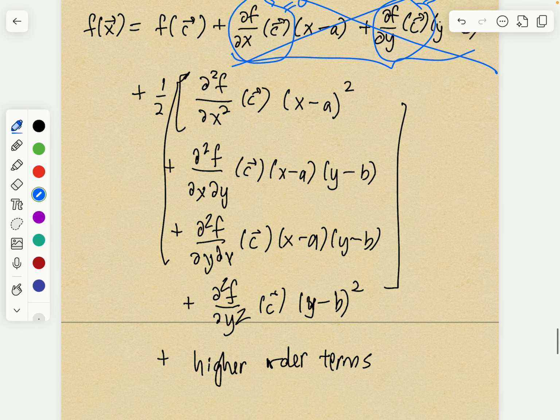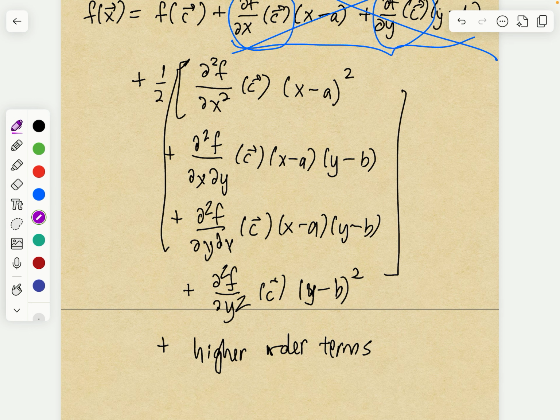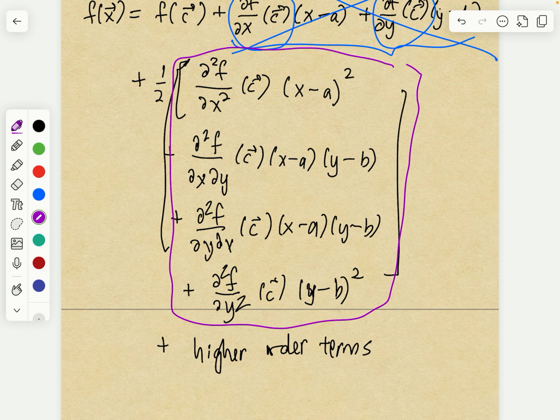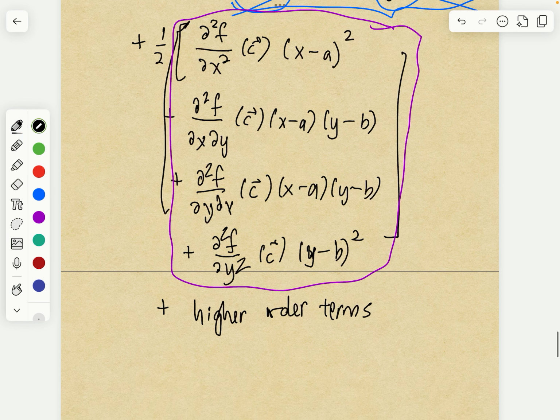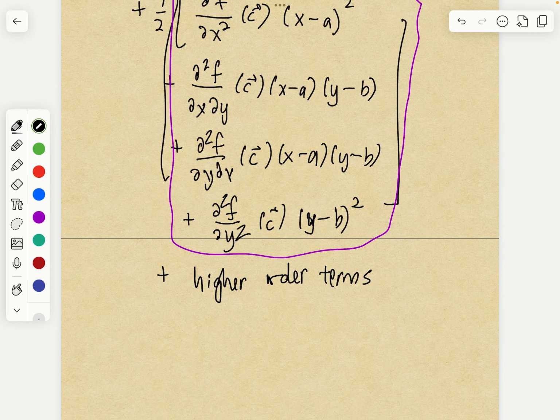Now this thing here can be represented. This is where that Hessian matrix is going to come in.